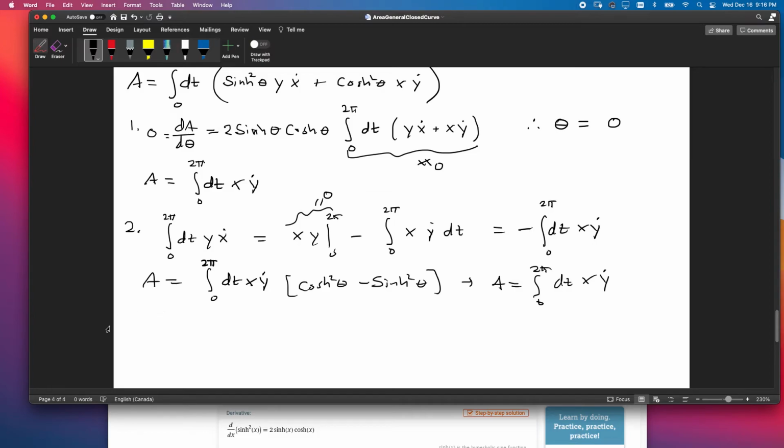It could have gone the other way though, right? I could have also said that the area is equal to the integral from 0 to 2 pi of dt y x dot. And then in that case, I would have seen a minus sign, which means that the area is equal to minus the integral from 0 to 2 pi.